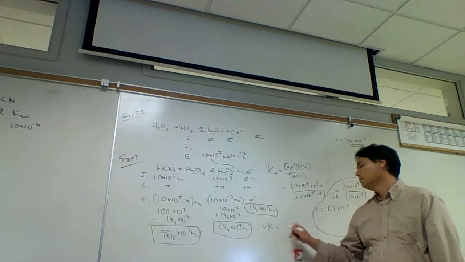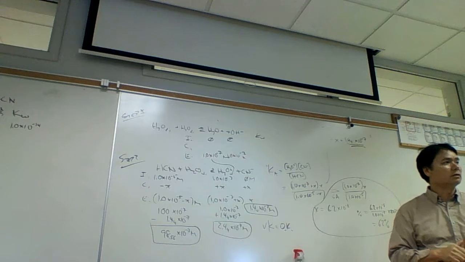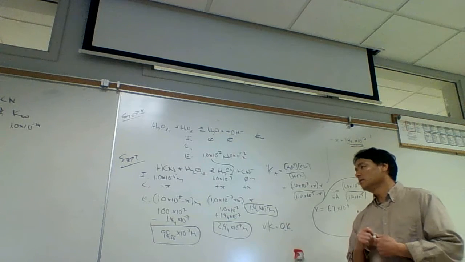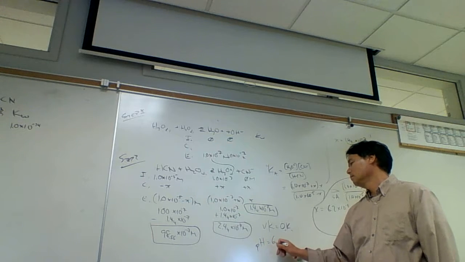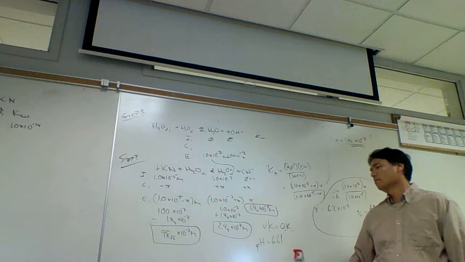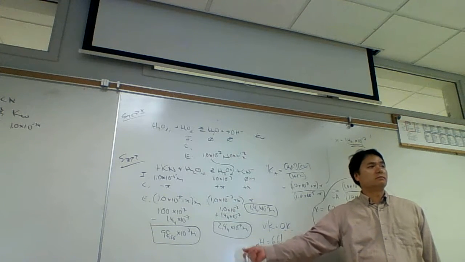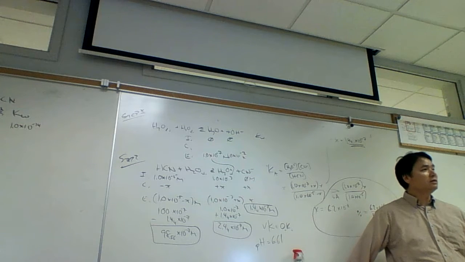Checks out? Is this what the book got as their answer? And then they calculated the pH? Okay. What did they get as the pH? 6.61? Based on the hydronium after step 2? Okay. And then they were done?